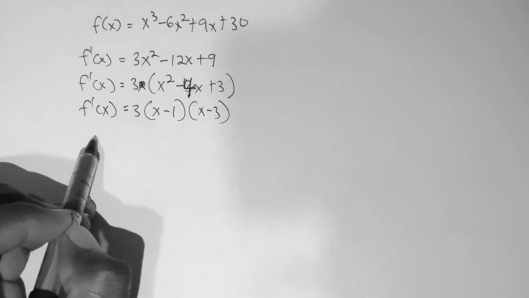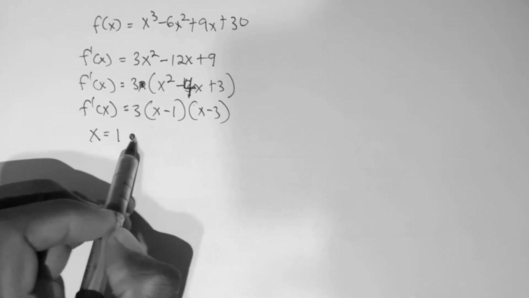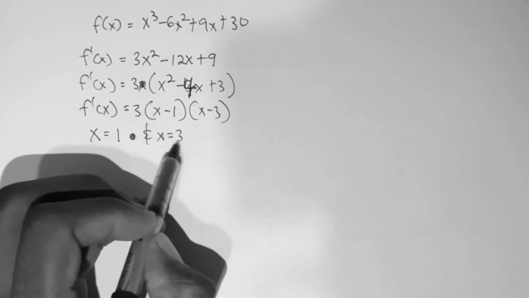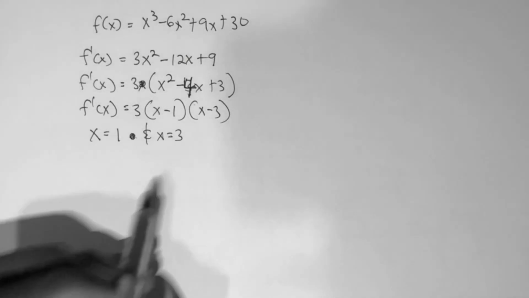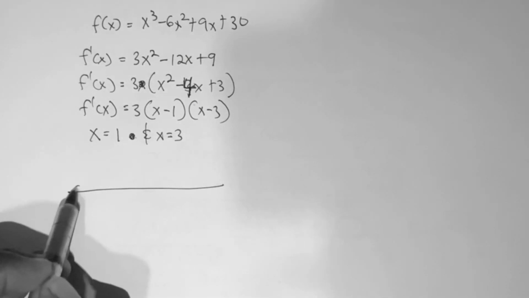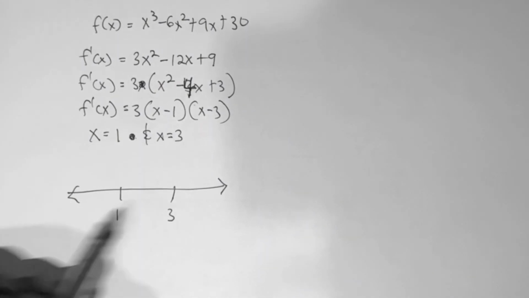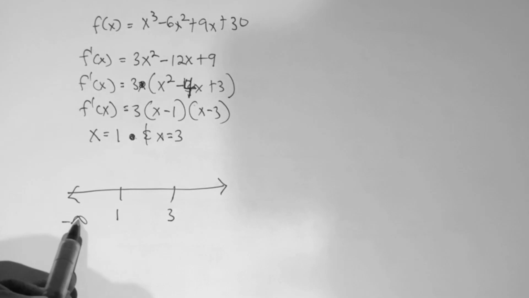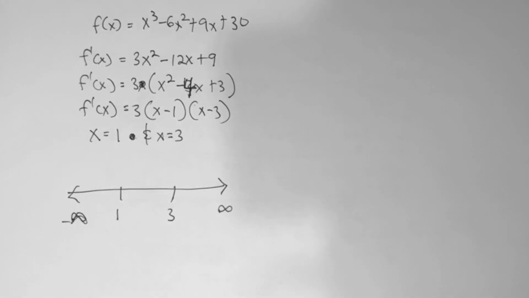So the critical values are x equals 1 and x equals 3. So let's sketch it on a number line. So this is 1 and then this is 3. Here's minus infinity. And then this is plus infinity.